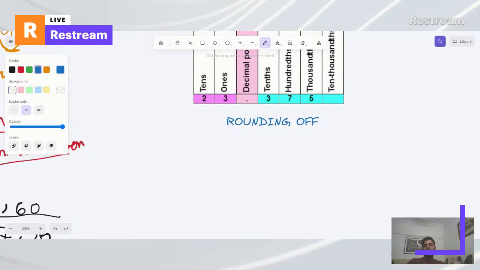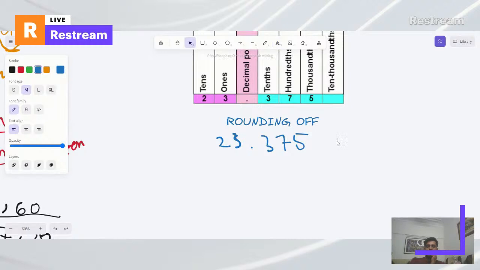So if I write a decimal value in front of you, 23.375, right? And I'm telling you to round it off to the nearest hundredth. The question is to round it off to the nearest hundredth.